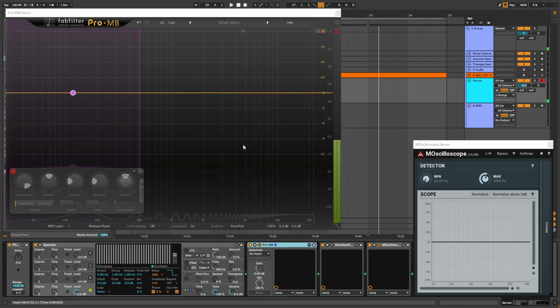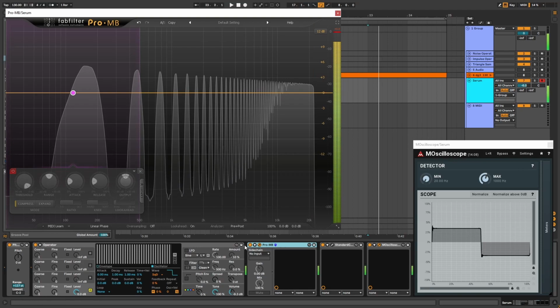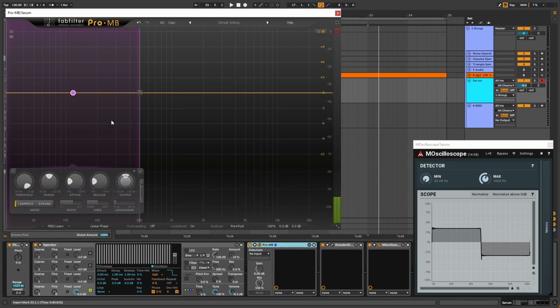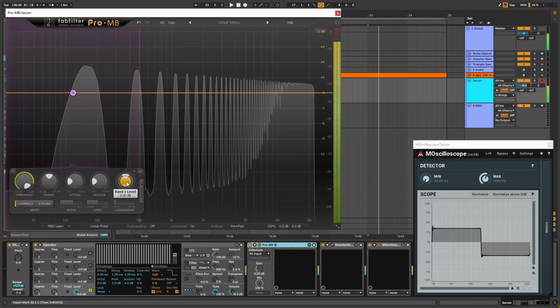Same as before, but see what happens when I set Pro-MB to linear phase mode. Aha! That looks like a square wave, doesn't it? And our clipper affects the signal as we'd expect it, even after using our compressor to make changes to the sound.